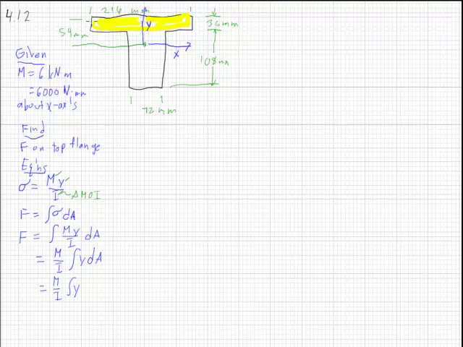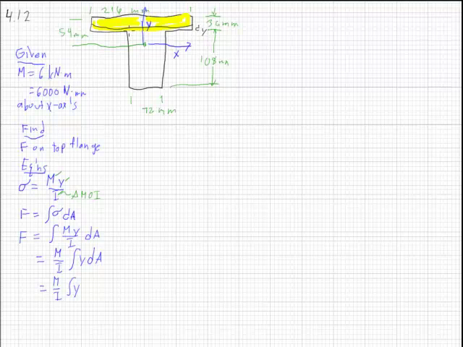The area in question is up here, and the area of any thin section, here's dy.